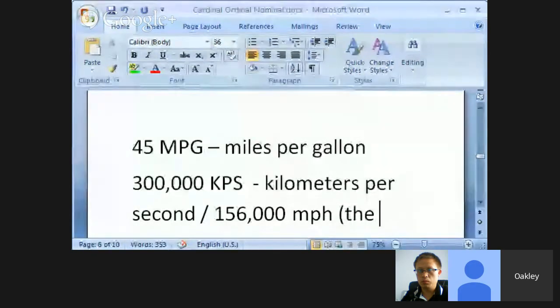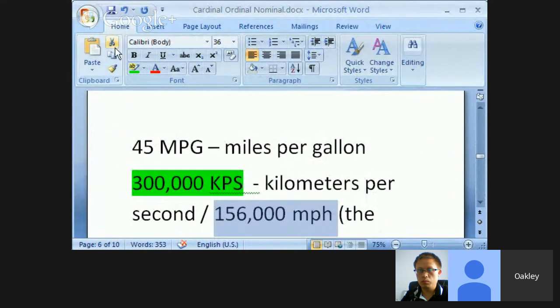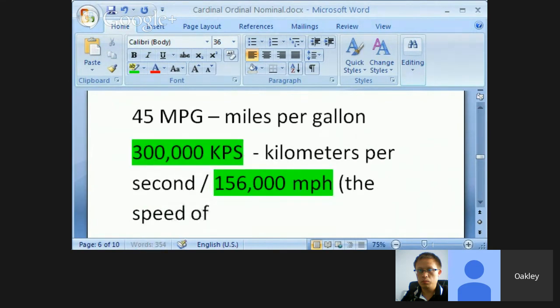Xingyu, do you know? What are we talking about with these things? You guys don't know? Okay. Speed of light.